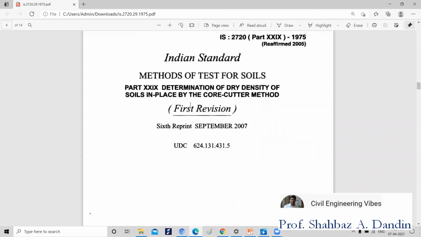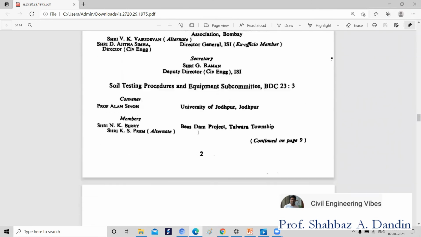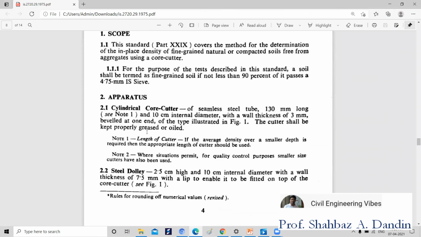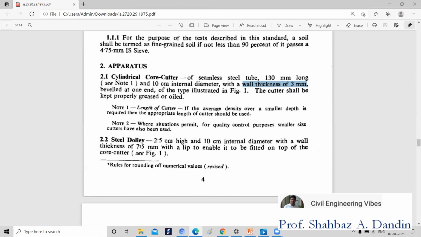So, Q&A. First, the most important thing we have to remember is about the wall thickness. The wall thickness is 3 mm over here, and for the dolly it is 7.5 mm. What is the difference?